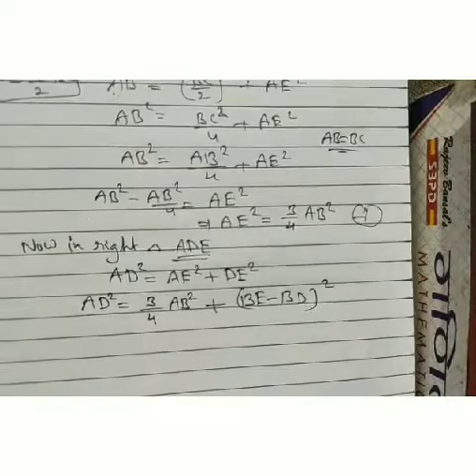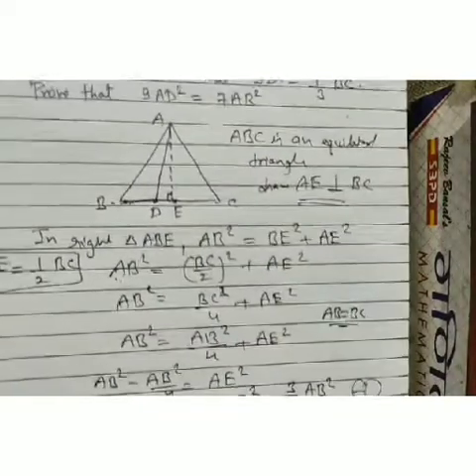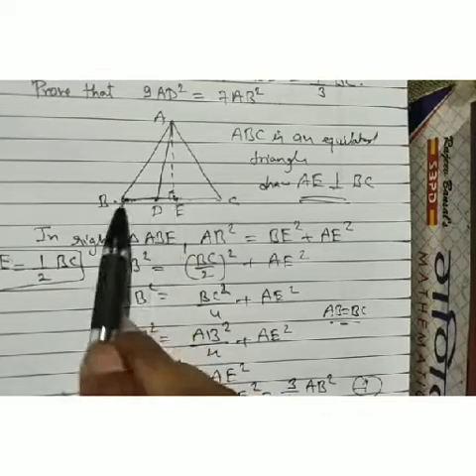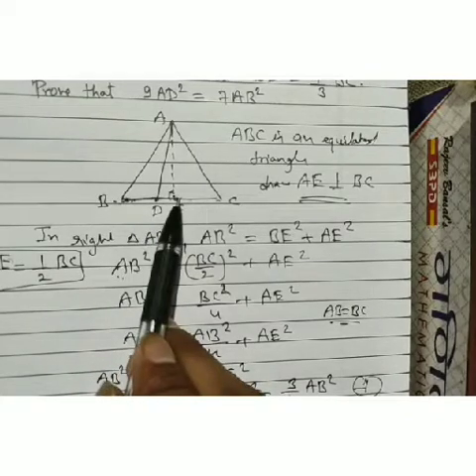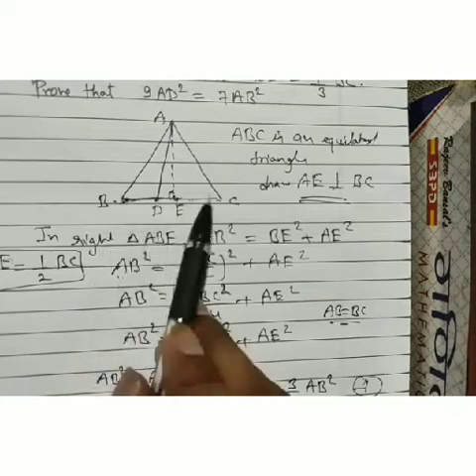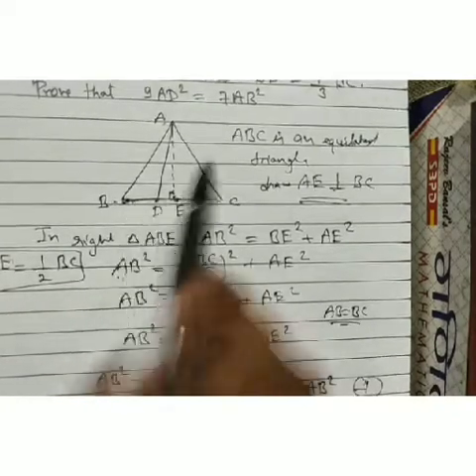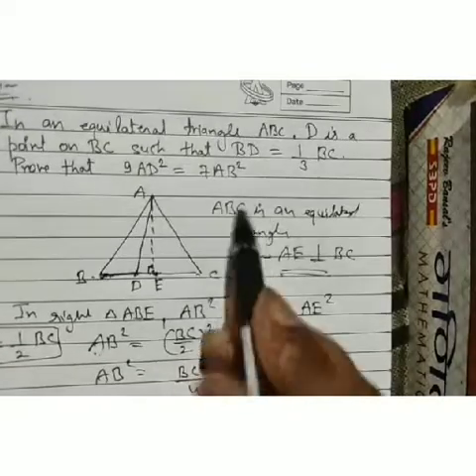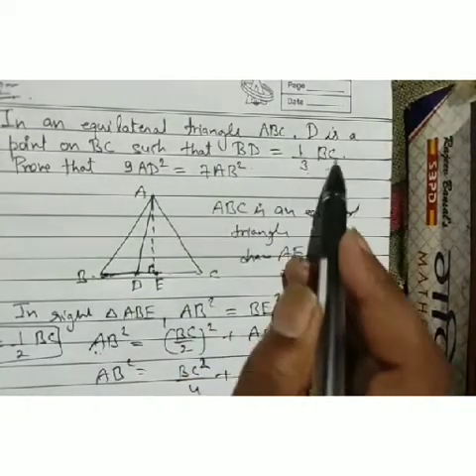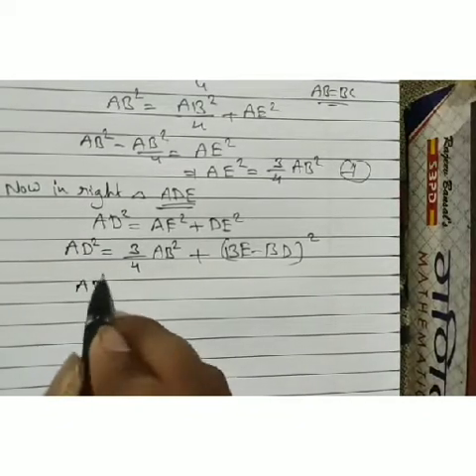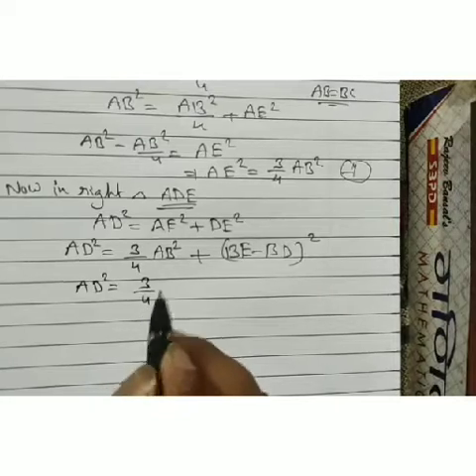Now we have BE minus BD. Now look, what is BE? Since E is our midpoint, BE is half of BC. And here we have given our BD is 1 by 3 BC. Then we are going to use it in AD square equals 3 by 4 AB square.